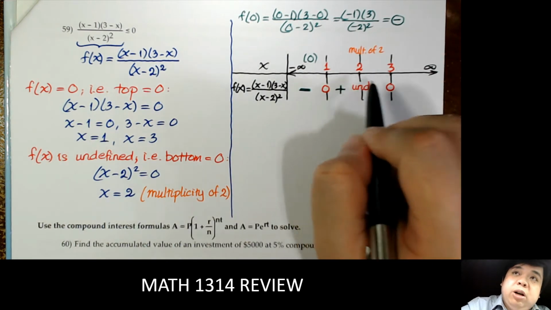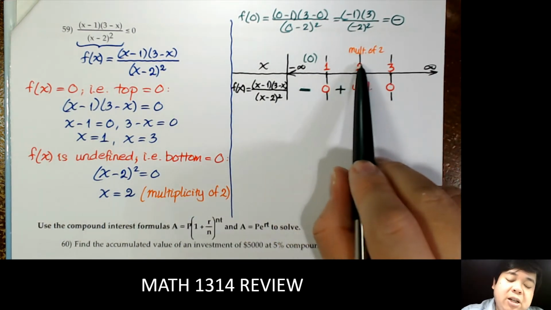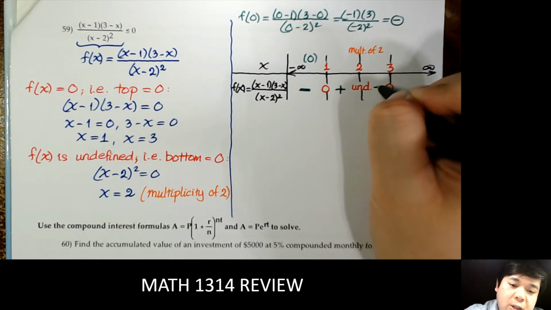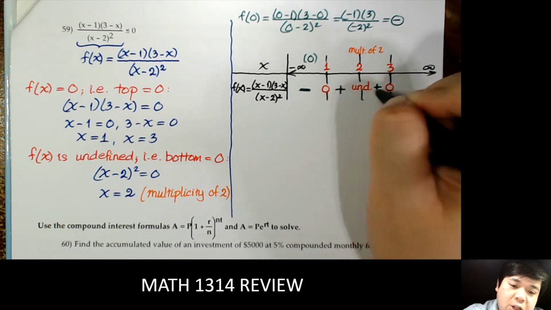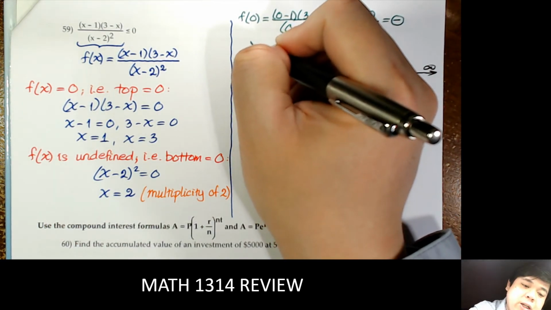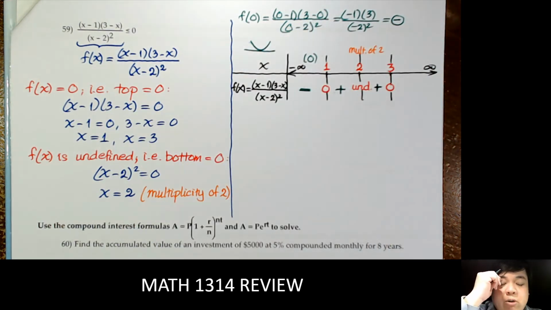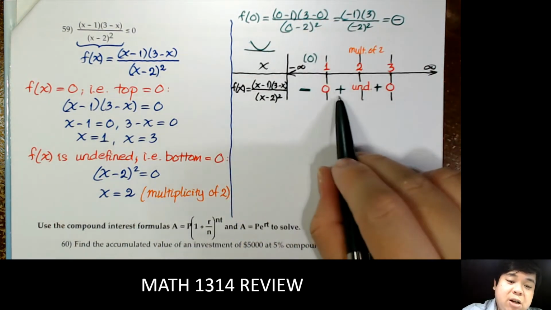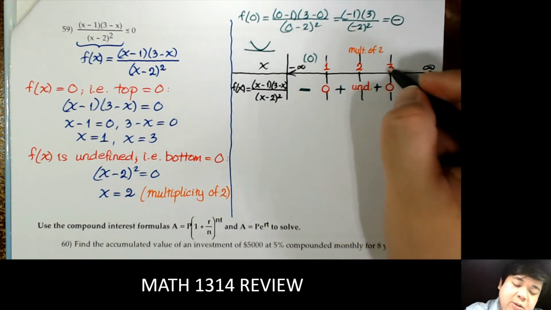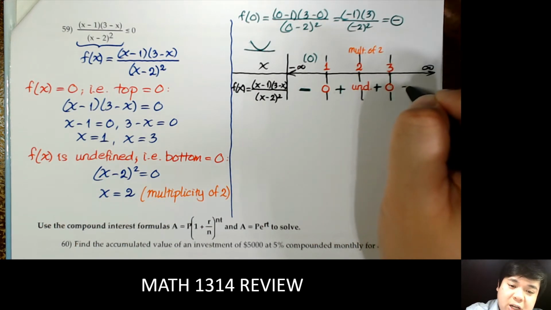And if we go across, I should not say across, if we're passing the multiplicity of 2, the sign will not change, because multiplicity of 2, it touches the x-axis and then turn around, so they should have the same sign. And then when we're passing the multiplicity of 1, the sign will change.